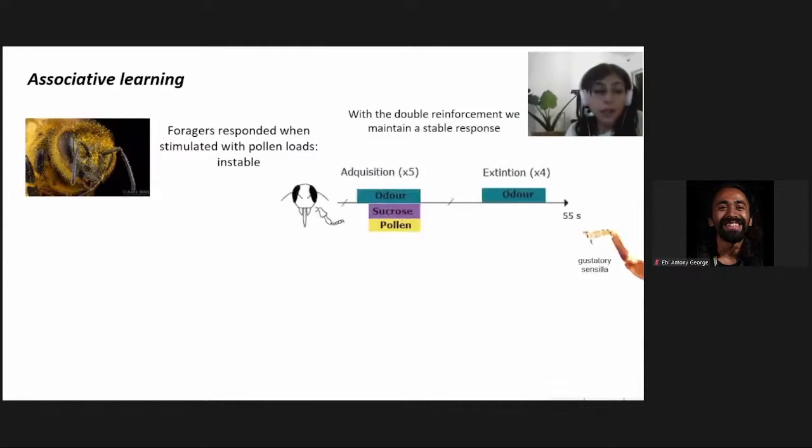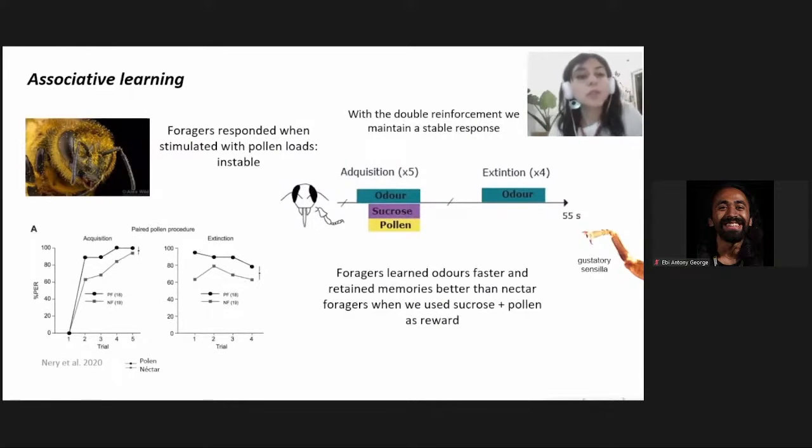To deal with this, we developed a protocol in which we rewarded the bee during acquisition trials with a double reinforcement, as we presented the neutral odor to the antenna paired with the presentation of sucrose solution to the proboscis and pollen to the tarsi of the first pair of legs, where honeybees present gustatory sensilla that are hair-like structures in charge of gustatory detection.